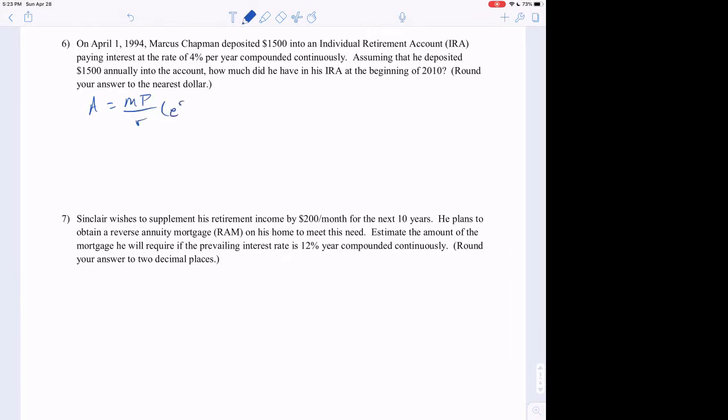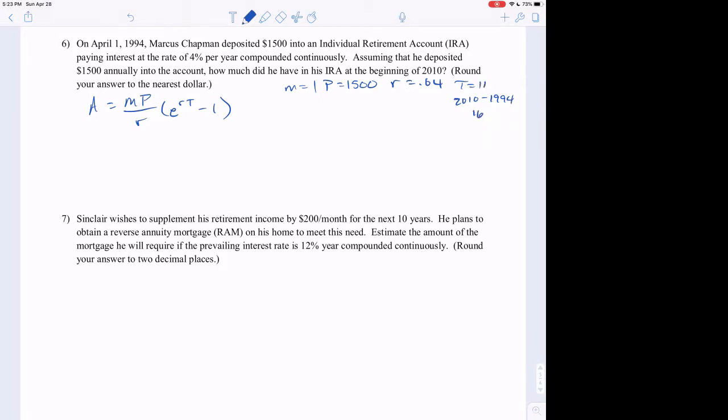And it's going to be using the same formula. So M is 1, P is 1500, R is 0.04, and capital T is going to be the answer of 2010 minus 1994, which is 16.